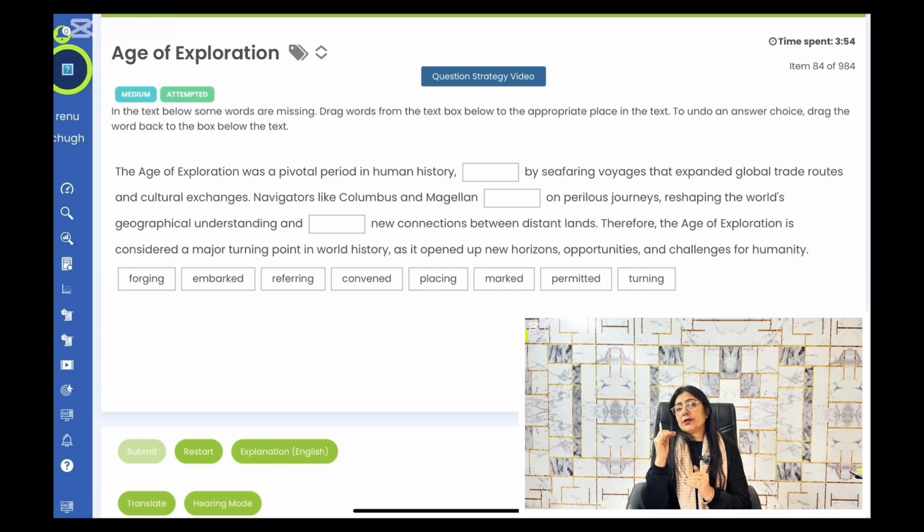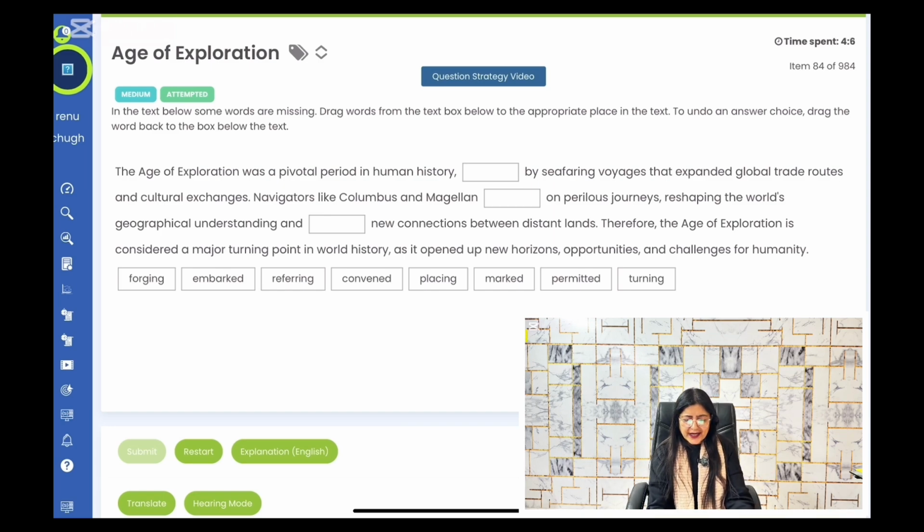Now we'll be moving to the context and the collocation one by one. Age of exploration was a pivotal, that is important, period in human history dashed by seafaring voyages, because the travelers were going to sea for finding out some global routes and cultural exchange. This is being talked about.